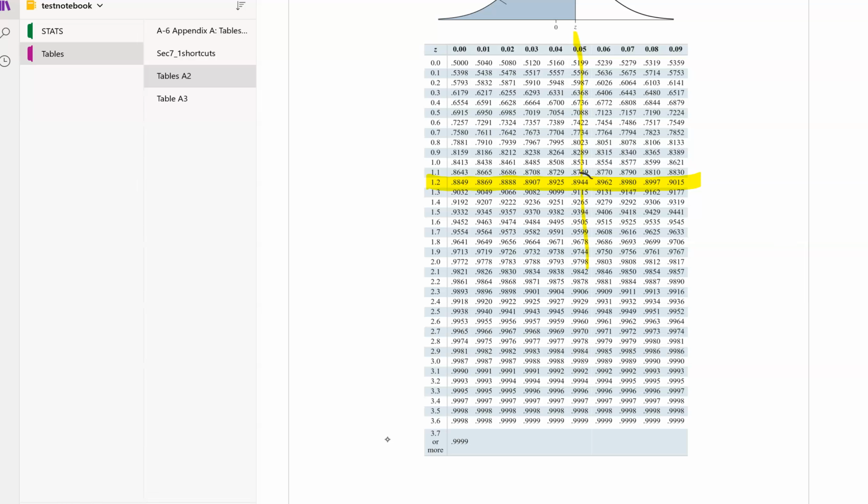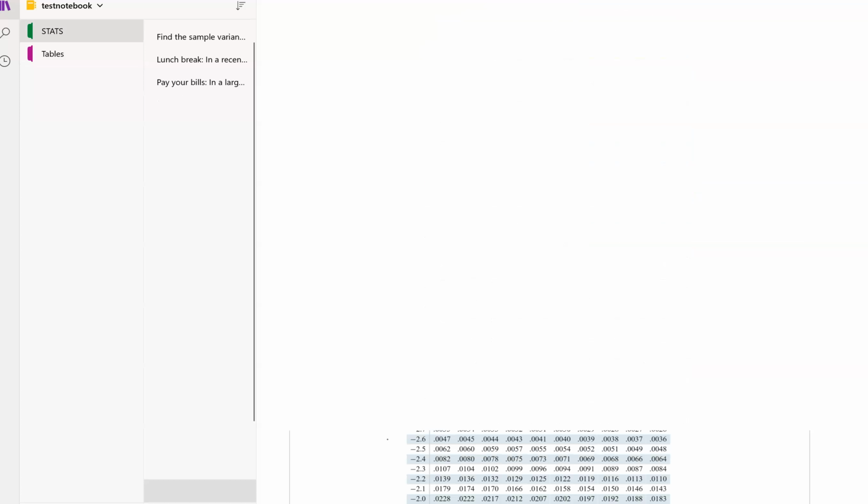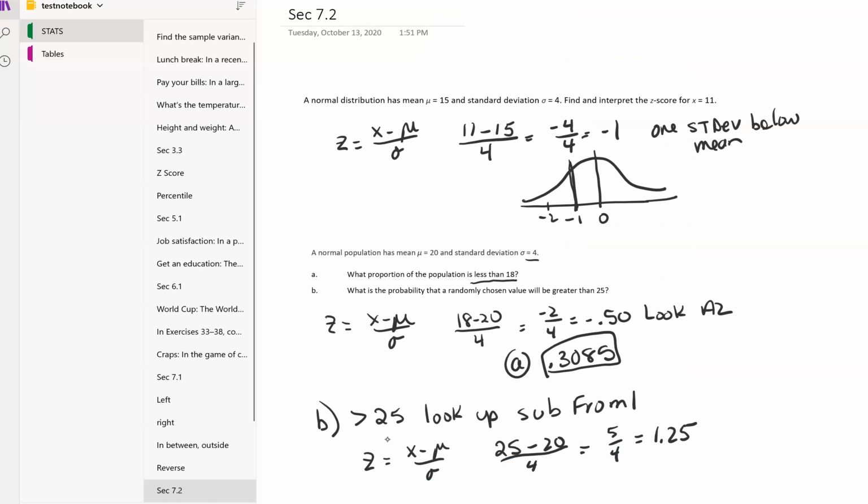So the number I want is 0.8944. Since this is greater than, I subtract it from 1 and I get 0.1056. So that's the probability that a randomly chosen value will be greater than 25.